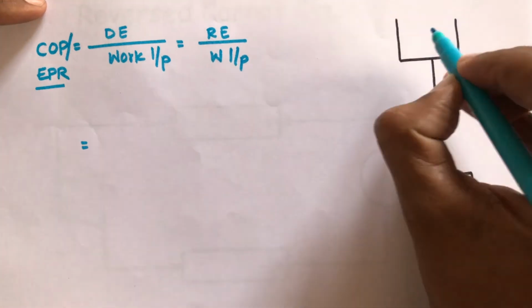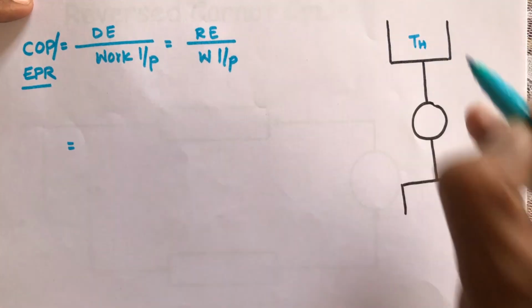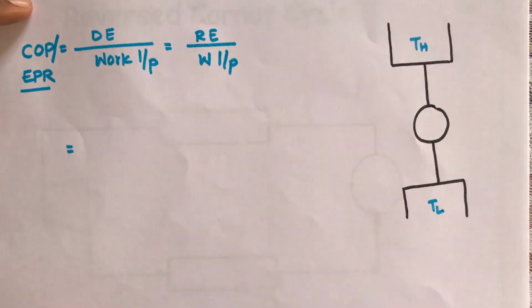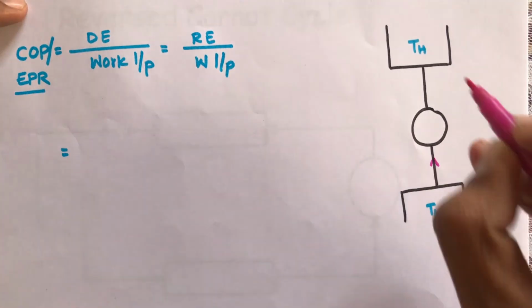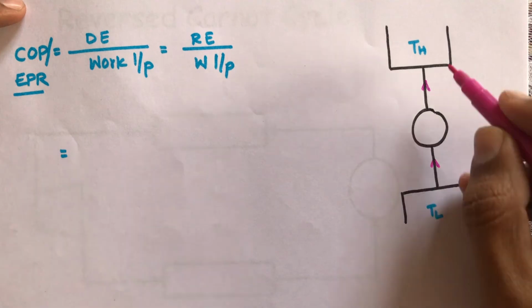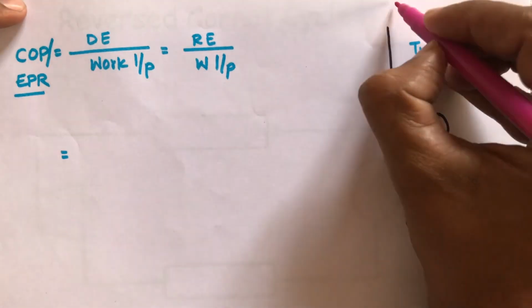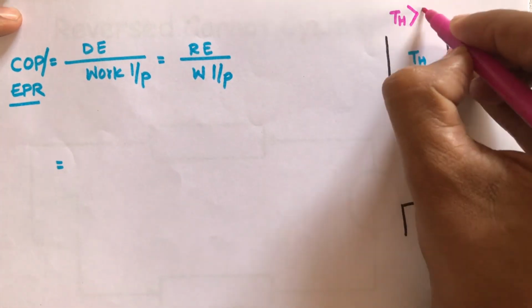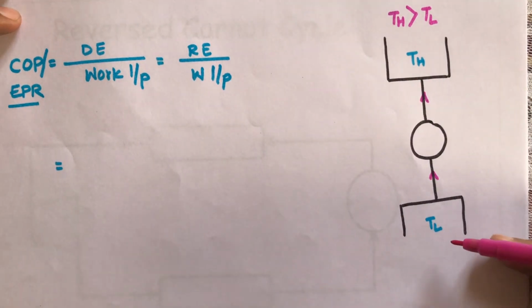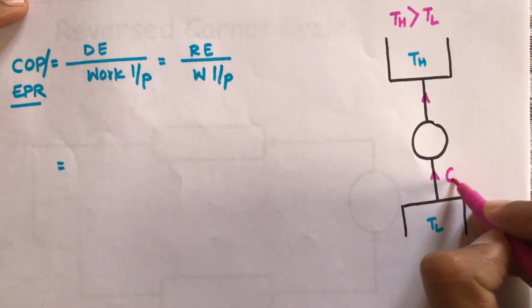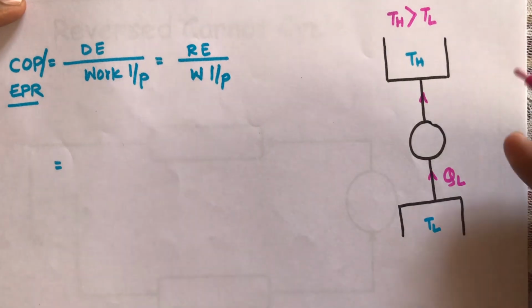Now let us consider two temperature sources. Suppose this is TH and this is TL. If I have to transfer heat from the low temperature reservoir to the high temperature reservoir, then TH is greater than TL, where TH is the high temperature reservoir and TL is the low temperature reservoir. The heat rejected by the high temperature reservoir is QH and that of the low temperature reservoir is QL.